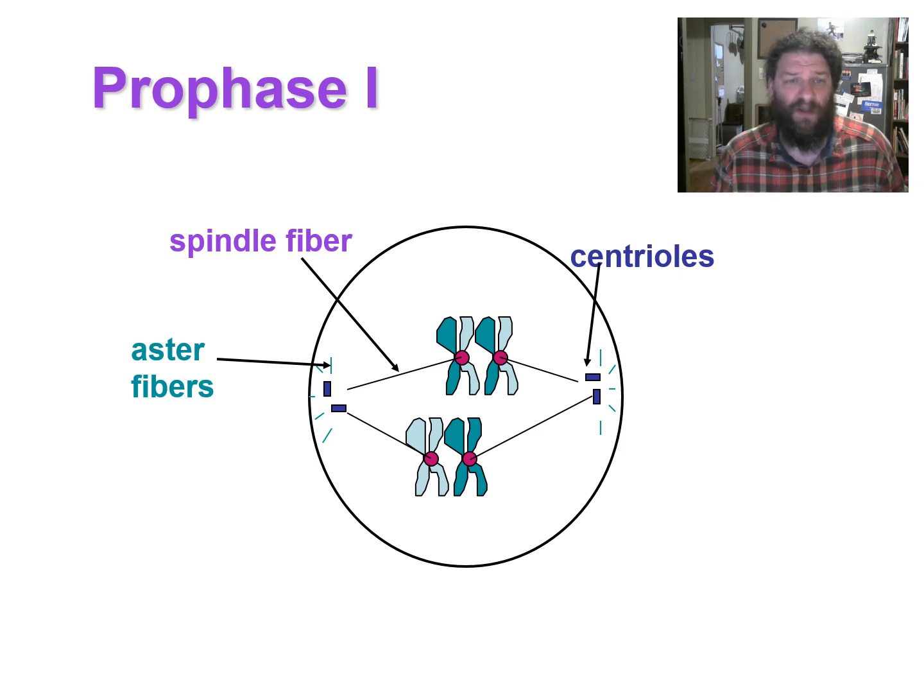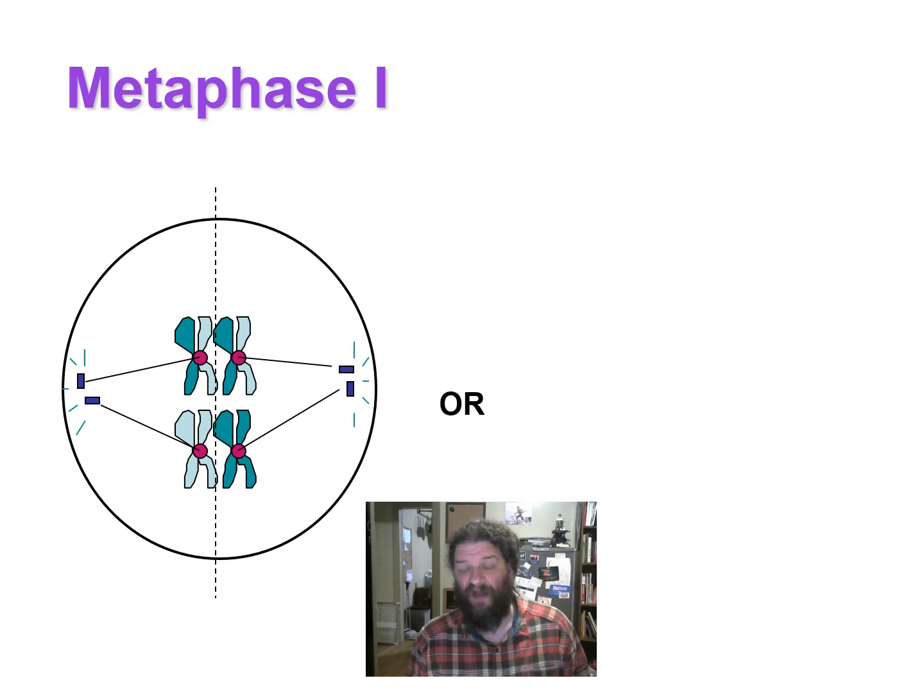So in prophase, here's a cell that has 4 chromosomes in 2 pairs. Just like we saw before, except the difference is that now they're not lining up individually, they're lining up in tetrads. In metaphase, we're going to see those tetrads line up across the middle of the cell itself.